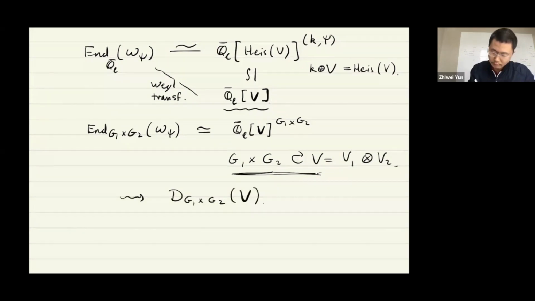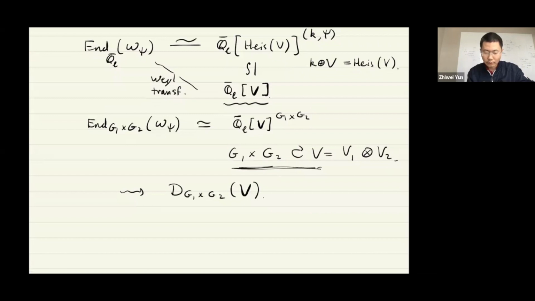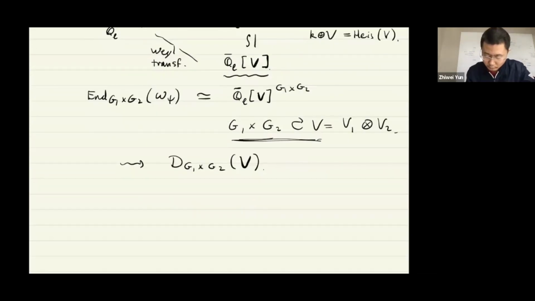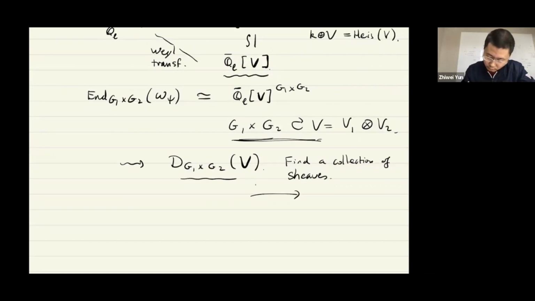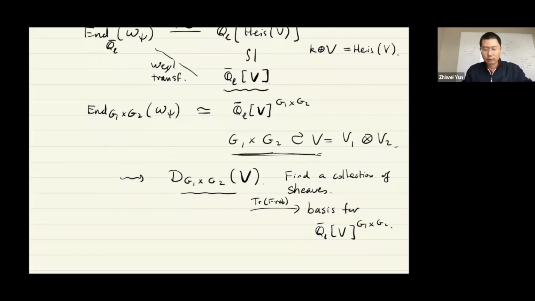So at this point, it's clear how you should formulate the question geometrically. Namely, we want to find a collection of sheaves such that under the function to sheaf correspondence, they give a basis for this space, which is identified with intertwining operators on the oscillator representation.